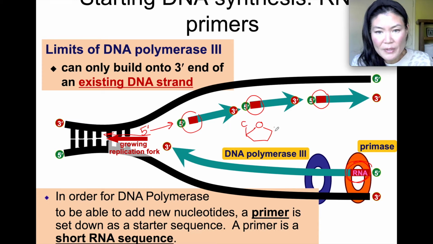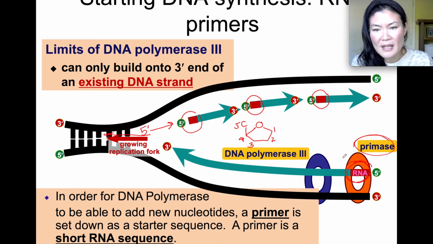This is carbon number 1, carbon number 2, carbon number 3, carbon number 4, carbon number 5, okay? So this primer has a 3' end as well, okay? So it starts off, DNA polymerase 3 is going to add to that primer. It's going to add to the RNA, a little primer RNA, okay? And the enzyme that puts down the primer is called primase.